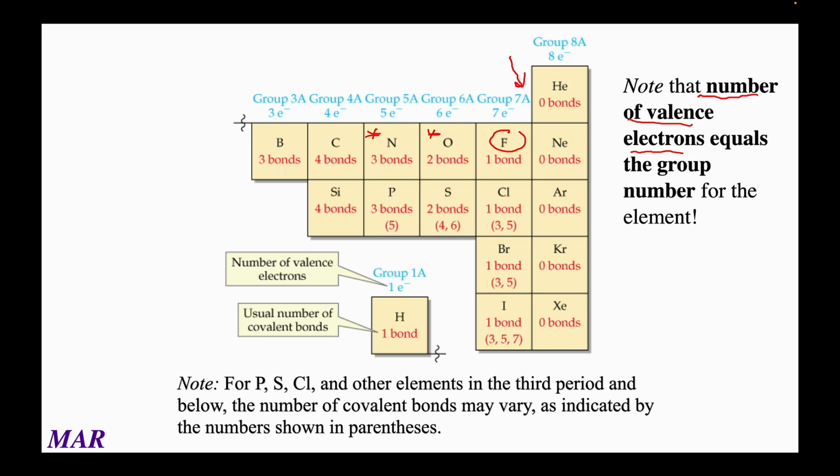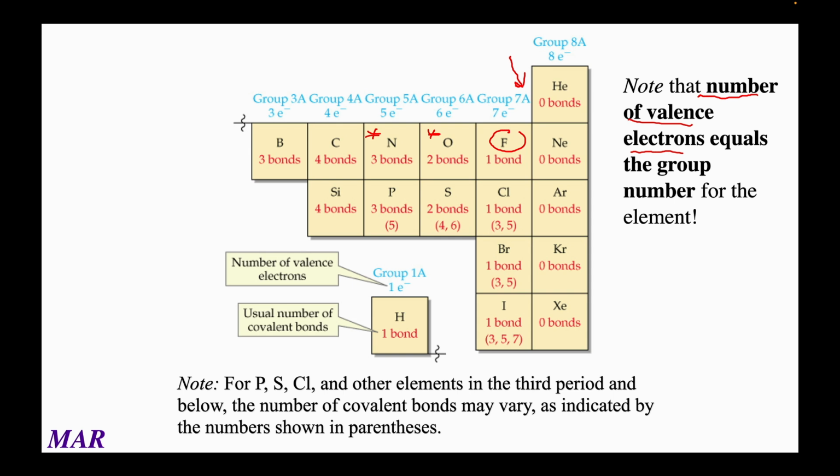Not all of them are available for bonding. So the 7 there represents the number of electrons which can be used for bonding. The other 9 minus 7, or 2 electrons in fluorine, are considered core electrons and they don't bond. So just realize it's only the outer electrons that bond on these molecules.